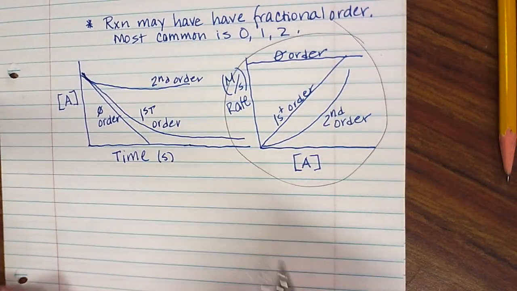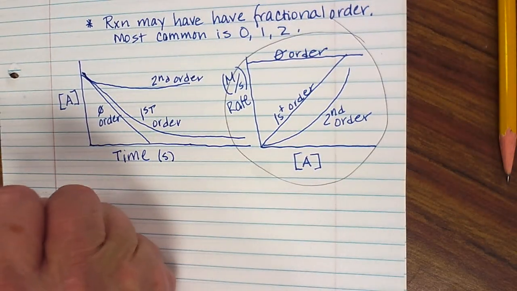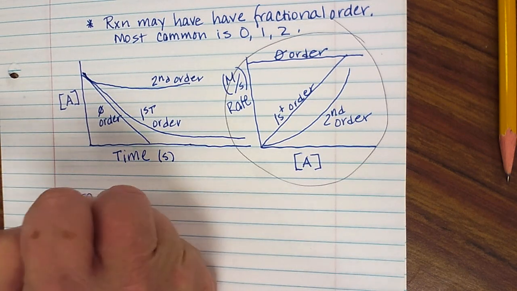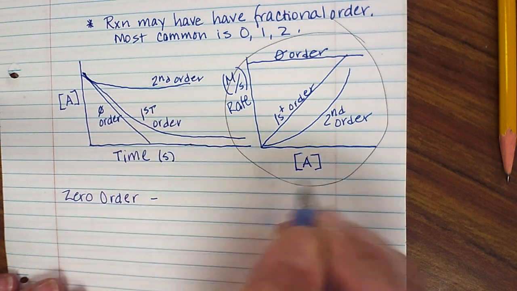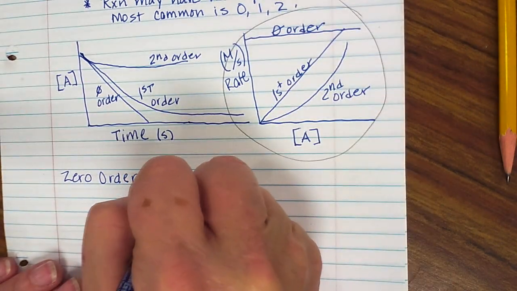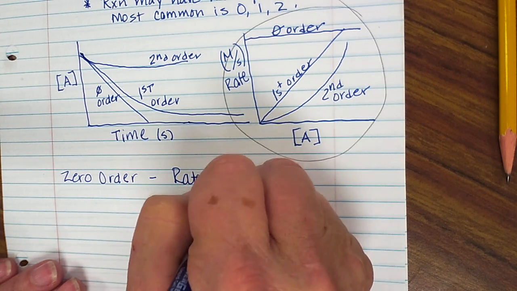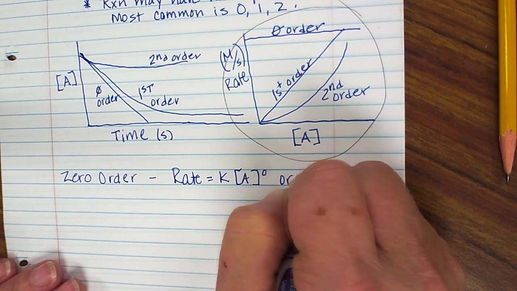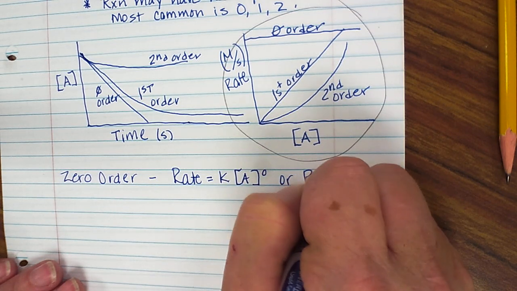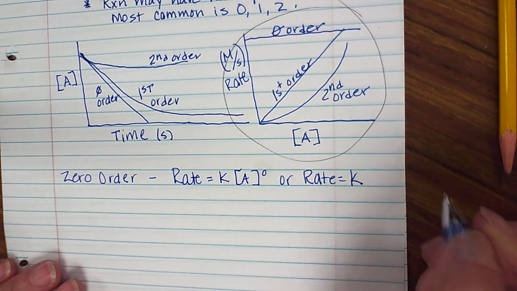So let's finish this off. For the zero order, the equation is going to be rate equals K times the concentration of A to the zero, or rate equals K alone.